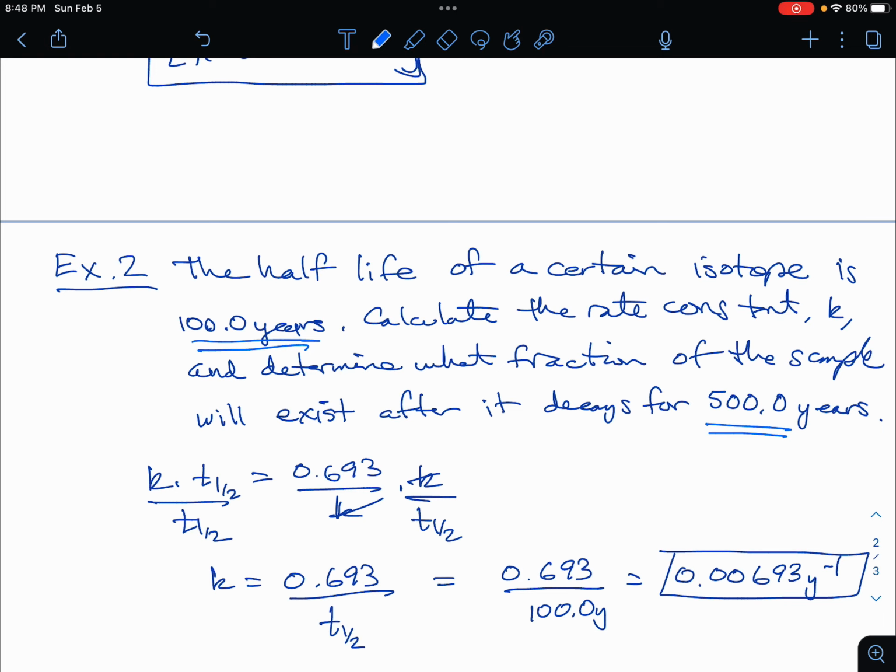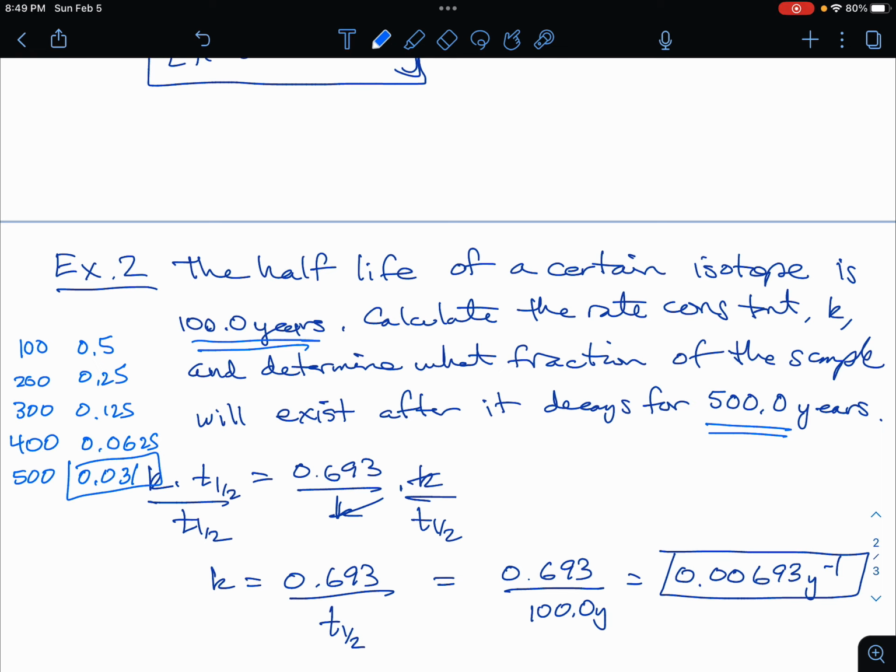So after 1 half-life, or 100 years, you're down to 0.5 of what you had to begin with. After 200 years, you have half of that, 0.25. After 300 years, you have half of that, which is 0.125. After another half-life, you're down to 0.0625. And so after 5 half-lives, you're down to 0.031-ish, okay?